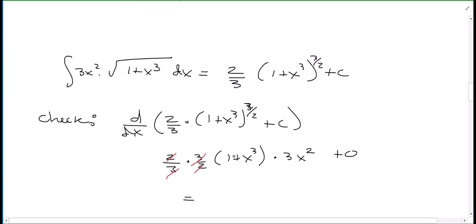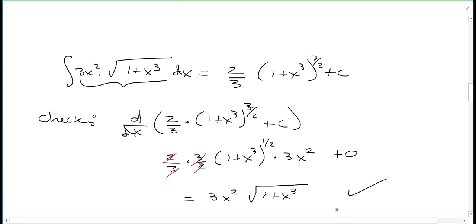We're left with, oh, I forgot to do when you bring the exponent down, you decrease it by 1, so that's 1/2. So you're left with 3x squared times the square root of 1 plus x cubed. And that is what we had in the integrand, right? This is the integrand. So those are the same, so that means that we did it correctly.